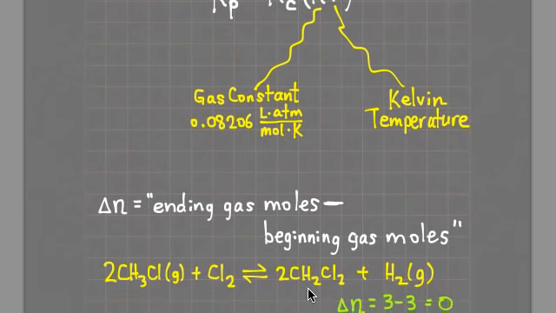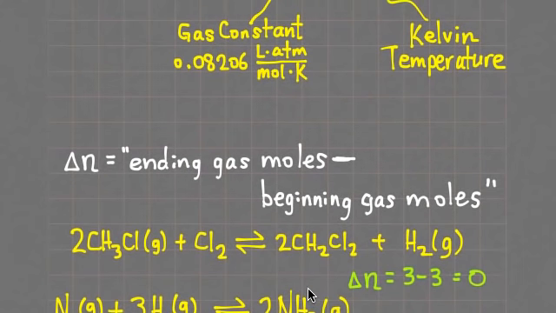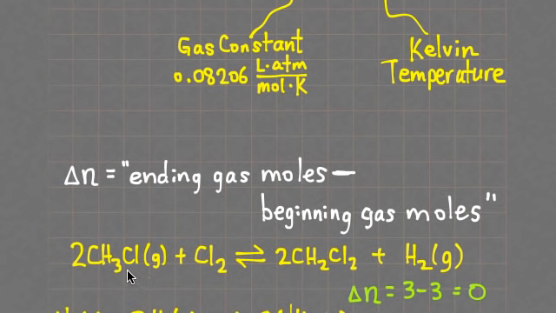So for example, here's a couple of equilibria. 2 gas moles and 1 gas mole in equilibrium with 2 more gas moles and 1 more gas mole. So in other words, I just take 2 plus 1, which gives me 3, minus 2 plus 1, which gives me 3.